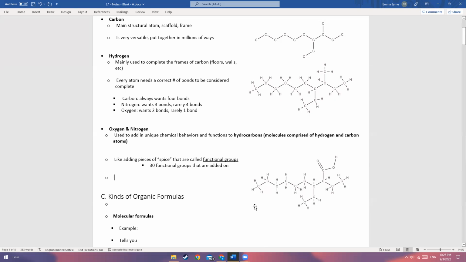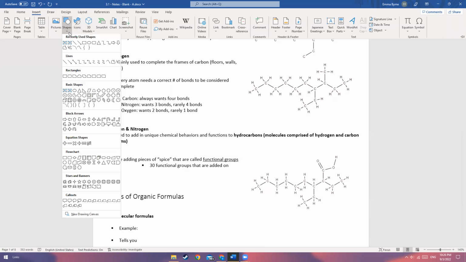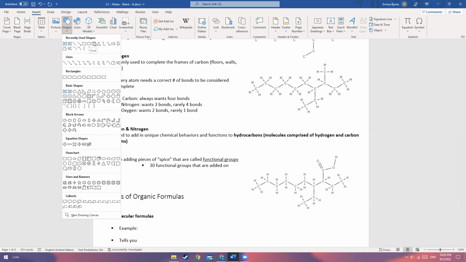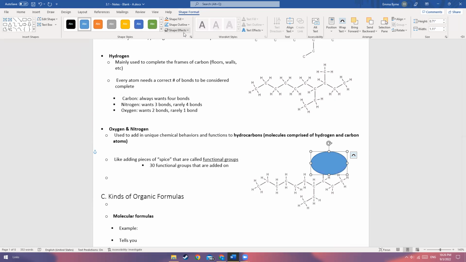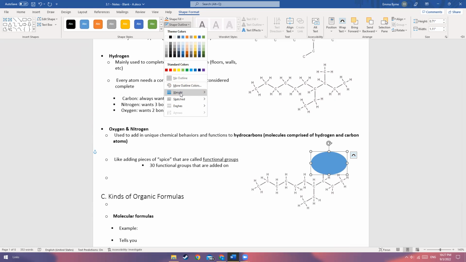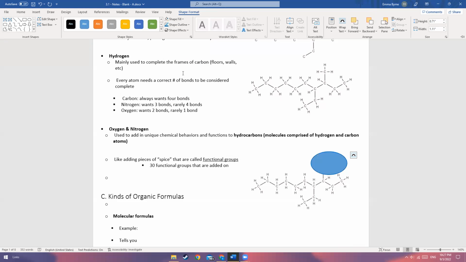And I know in this structure, we'll just make a note here, or almost like illustrate. Oh, we want the outline. We want no fill.